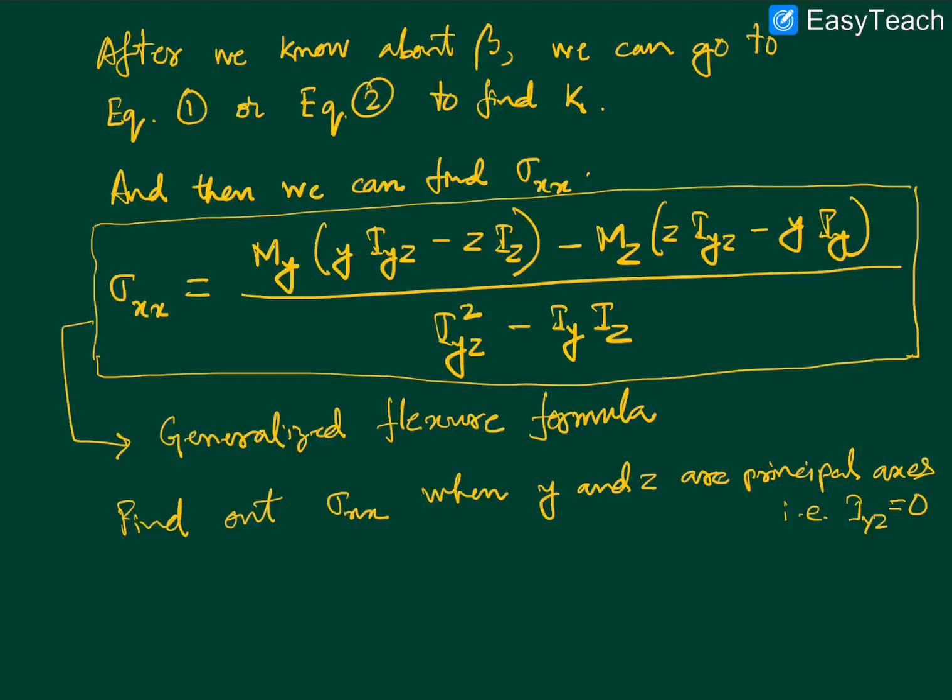Okay, so today when we want to discuss problems or the key steps, the primary steps that we should be following while solving our problems, what we basically mean is that we want a prescription or a recipe to follow in order to be able to find out the value of sigma xx at any given location within the cross-section, given certain values of the bending moments.